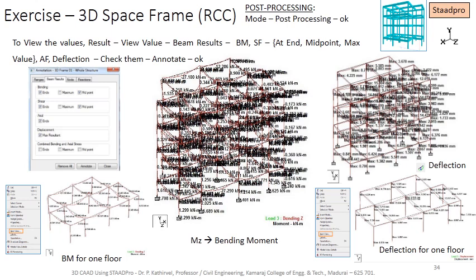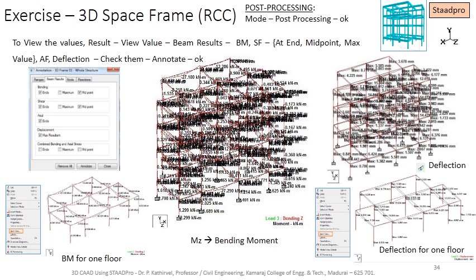Here you can tick bending at end and midpoint, shear at end and midpoint, axial at the ends, and displacement to get the maximum resultant values. Now click Annotate and OK, click Close. Now if you click MZ, you can get the bending moment diagram with the values, and if you click FX, you can get the axial force diagram with the values.